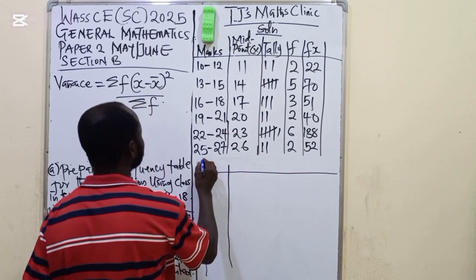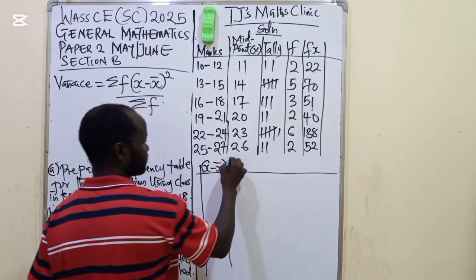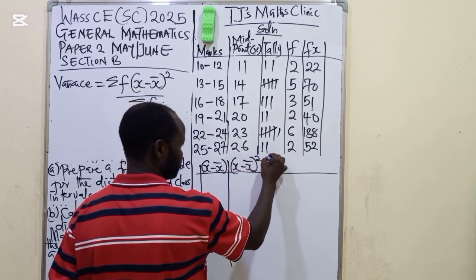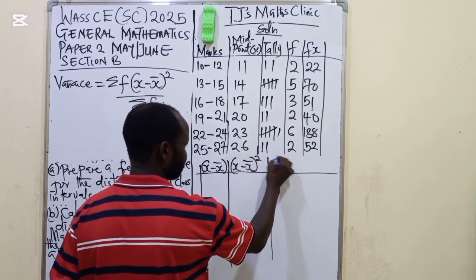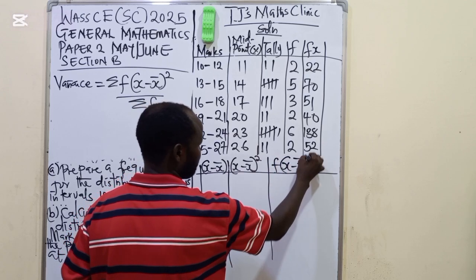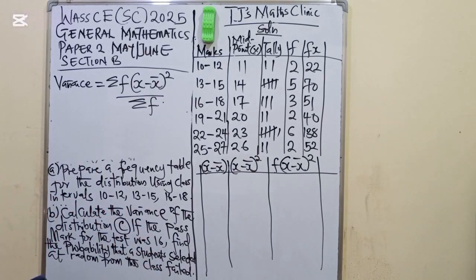Let's say next now we'll have x minus x bar, then next will be (x minus x bar) all square, then the last column now will be f into (x minus x bar) all square. So these are the additional columns that we need because of the formula for variance.